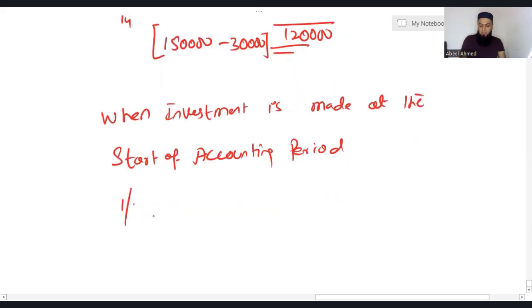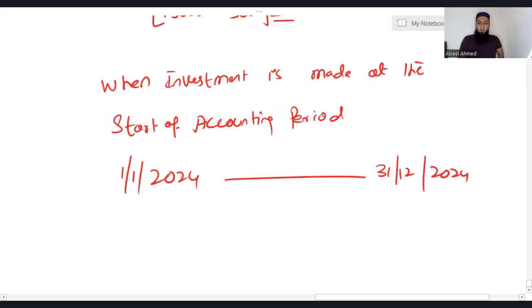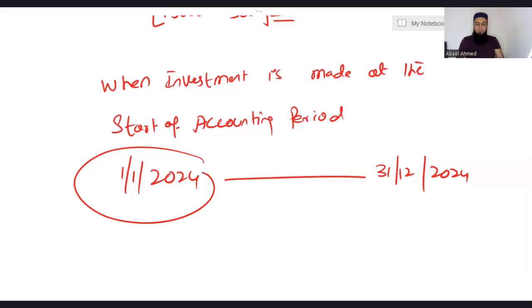Assuming this is the accounting period, let's say, and the day of investment is this. Assuming the accounting period is from 1st January 2024 till December 2024. We are making investment on this day. Obviously, the day when we are making investment, it is the start of the accounting period.